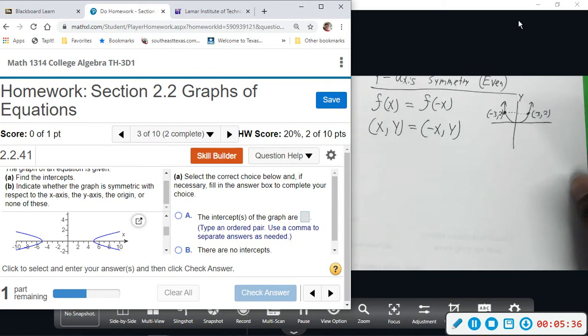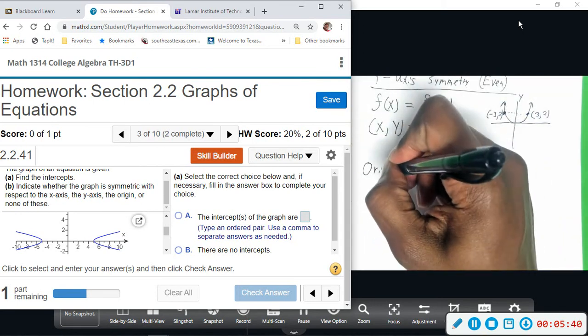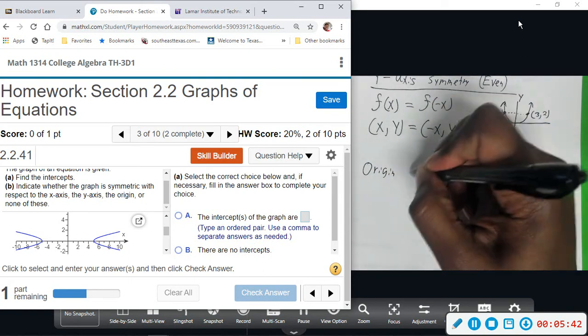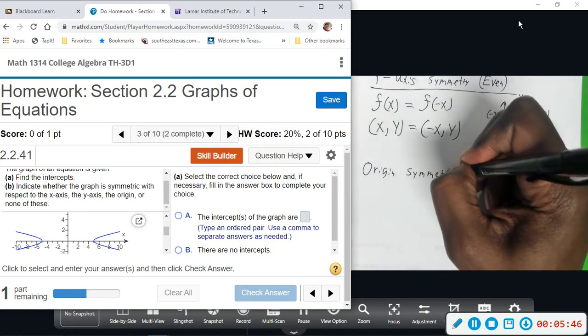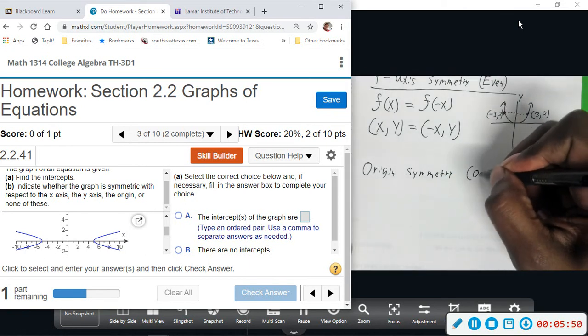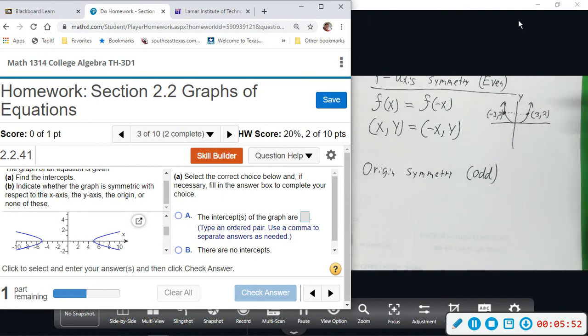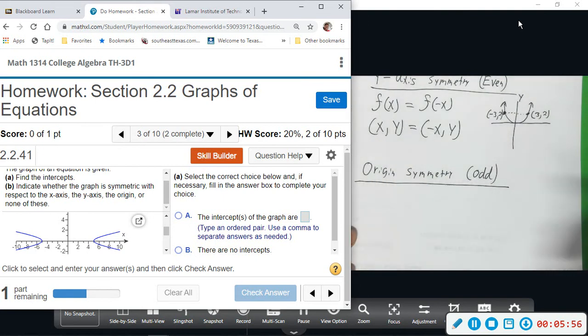And then the last one is origin symmetry. It is also called odd. Now be careful, I don't know that mathematicians made these terms to be confusing, but they can be.